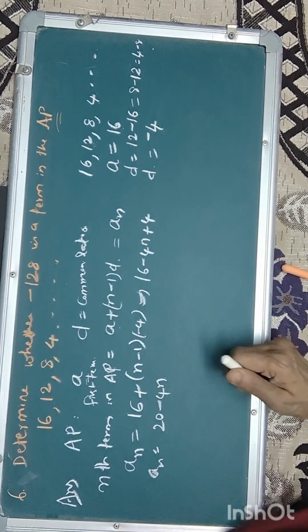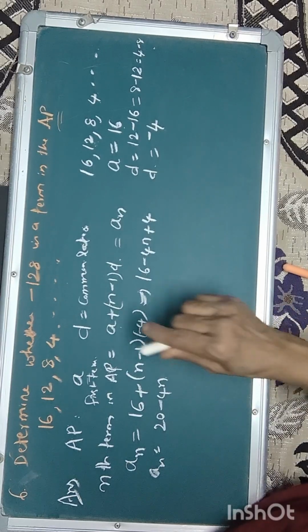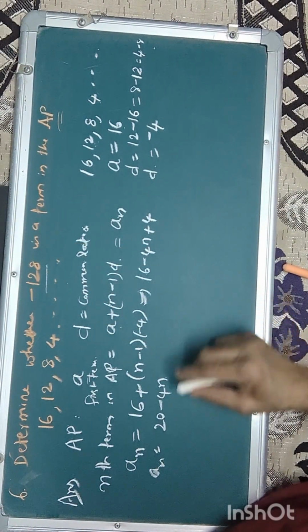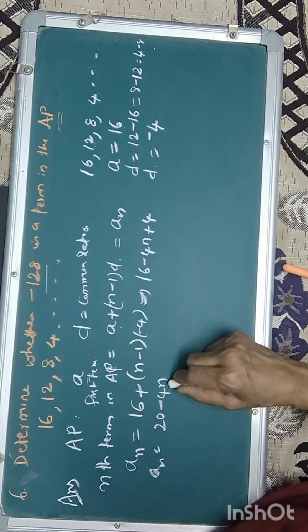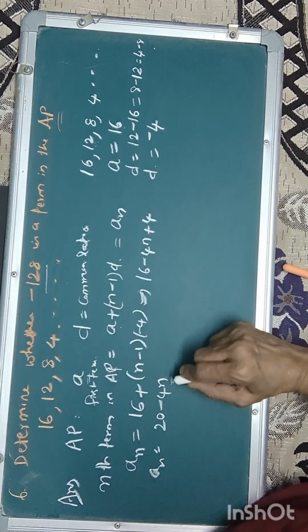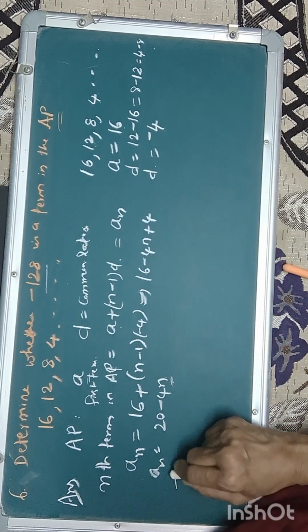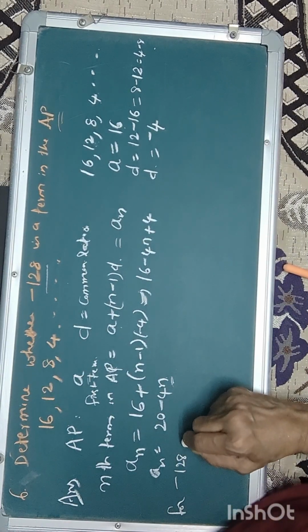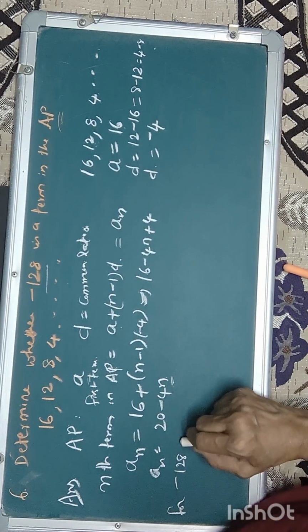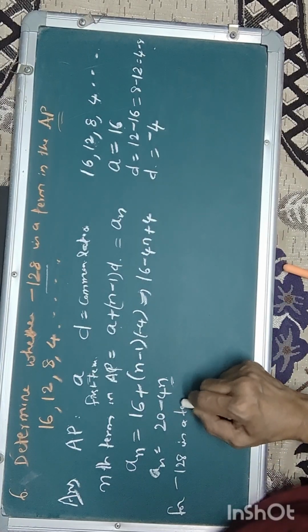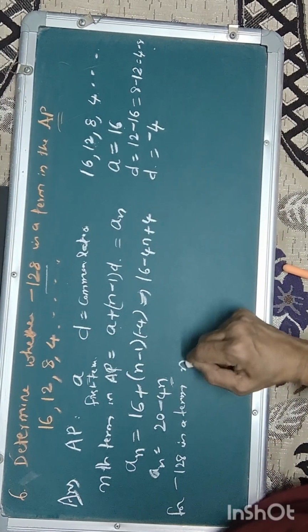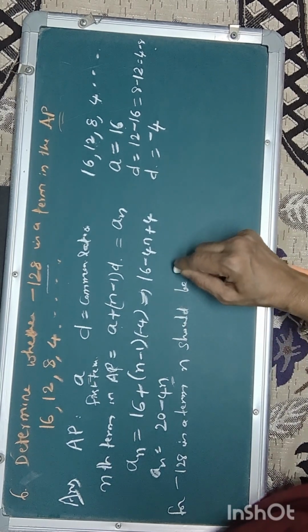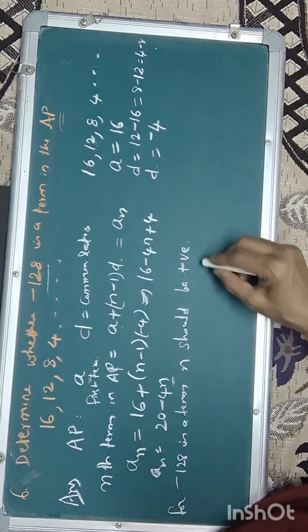Now we have to determine whether minus 128 is a term in the AP or not. So if an is equal to minus 128, for that n should exist. For minus 128 to be a term, n should be positive. That we have to find out.